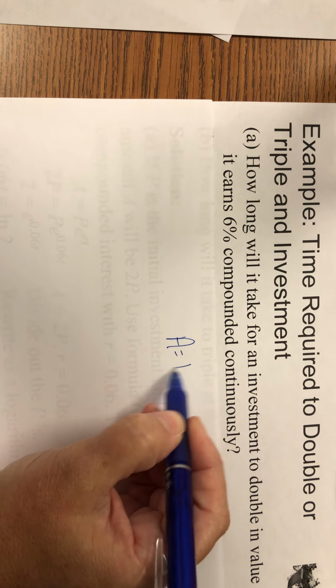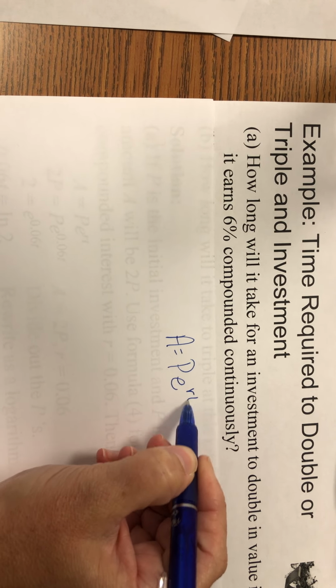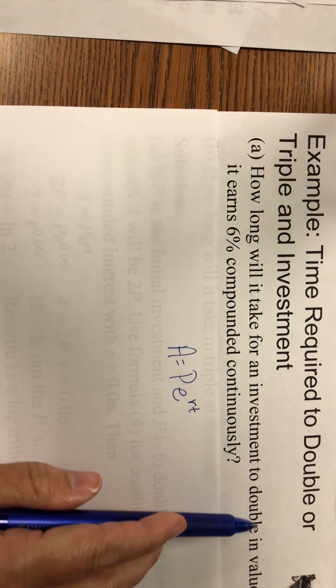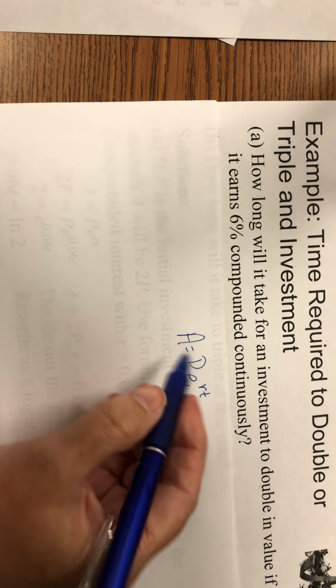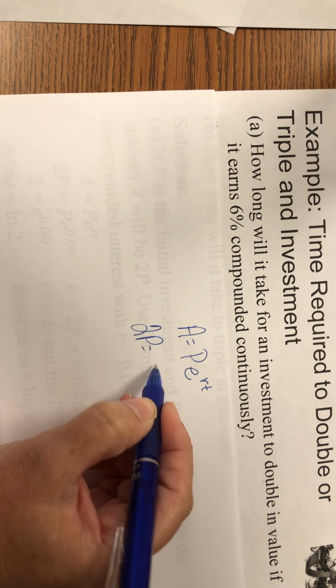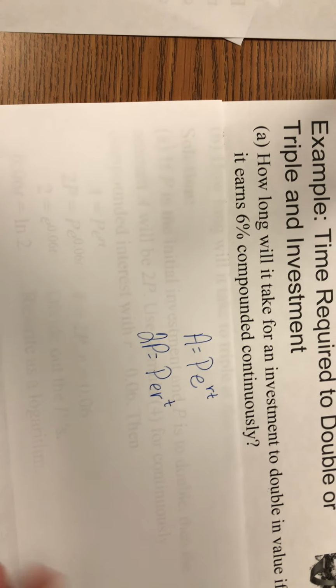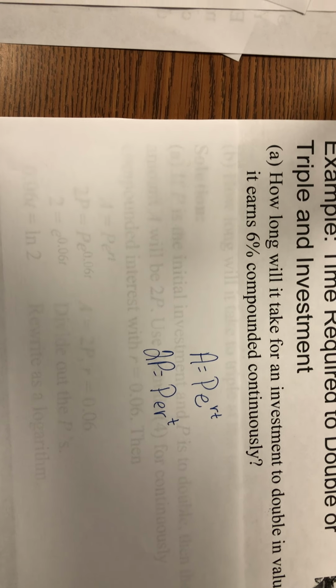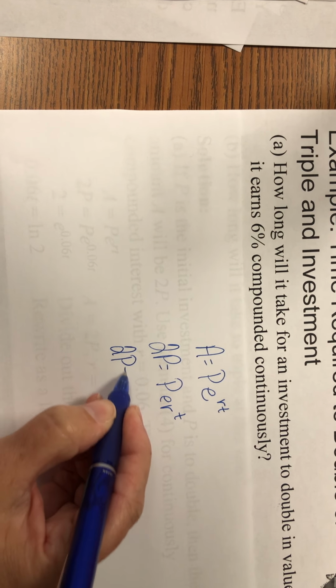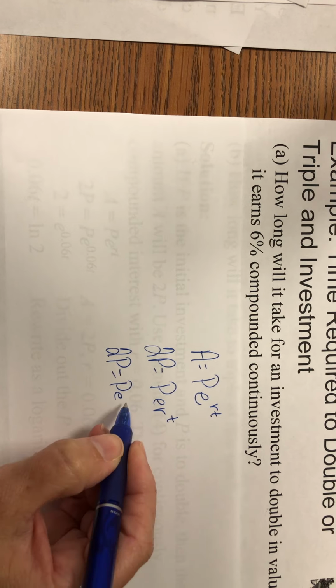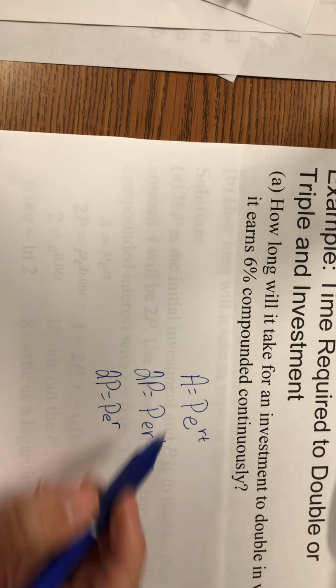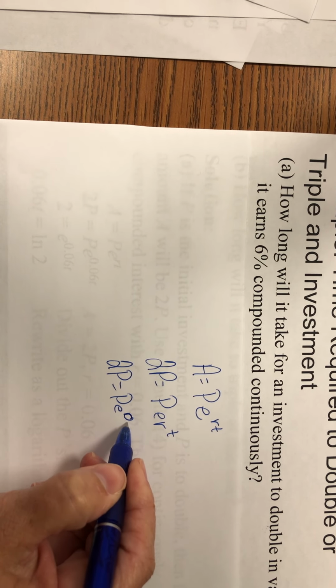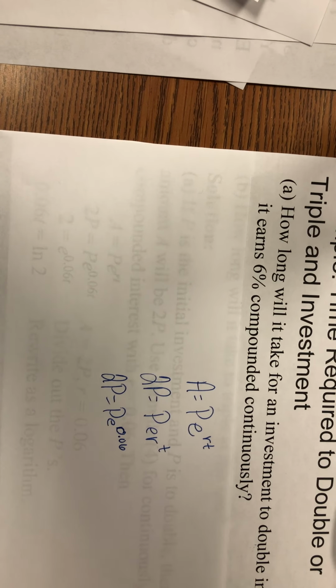So continuous is P times E to the RT. Now we want to double our investment again, so we're going to replace A with 2P. Okay, and it also tells us that our interest rate is 6%, so I'm going to change that to 0.06.